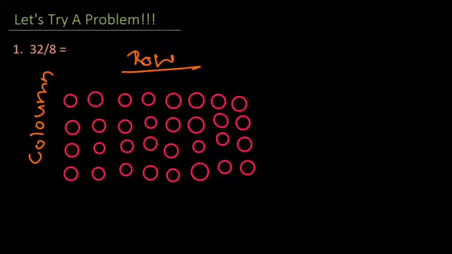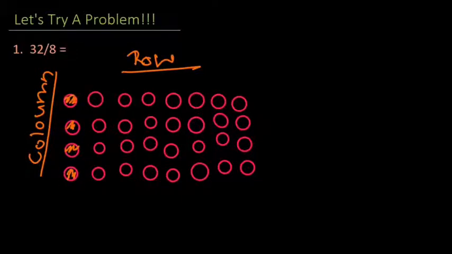Let's get started. What I like to do is first count how many circles are in a row and how many are in a column. If we look over here, we have 1, 2, 3, and 4 circles in a column.